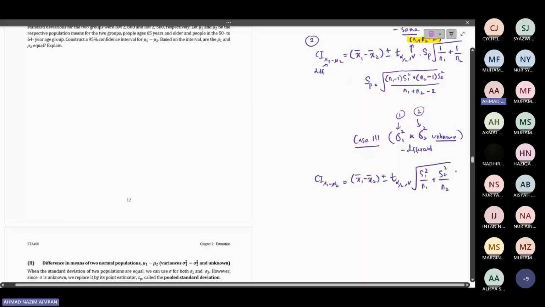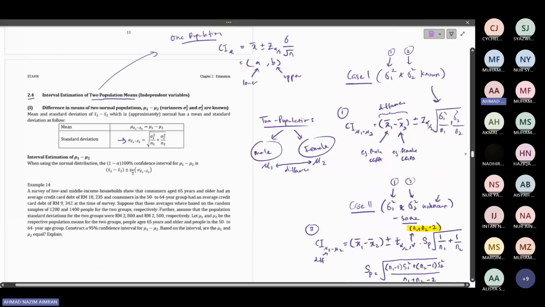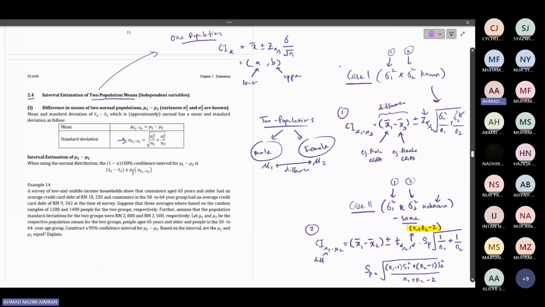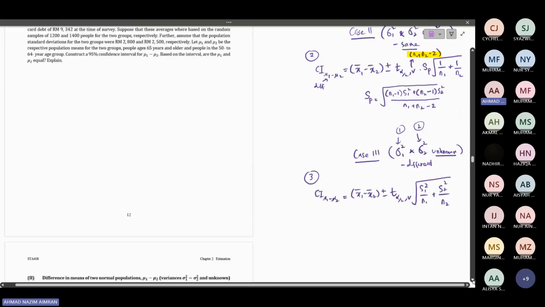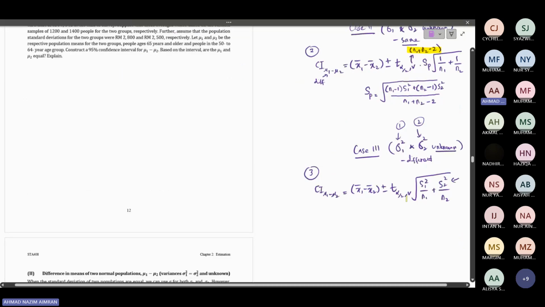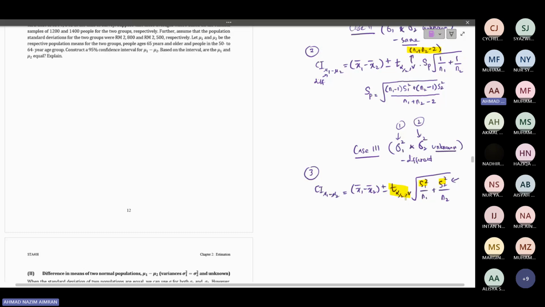It is the same as case number 1, but now we use t, and instead of sigma we use s, because we do not know the standard deviation of the population. So we use the standard deviation of the sample here. This is where it differs from the first case.